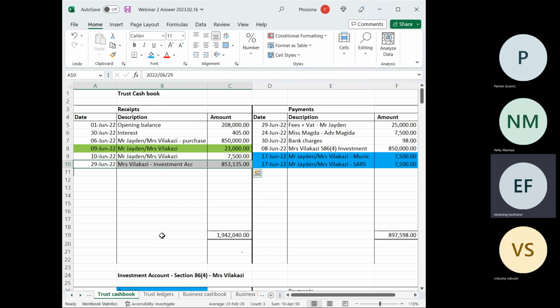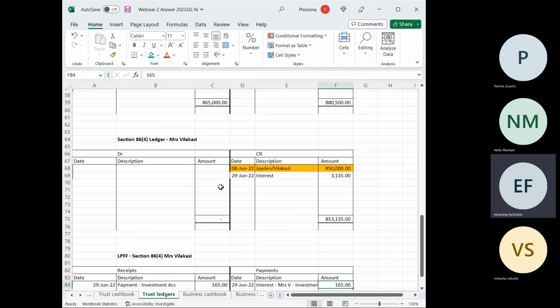This is the amount that we've transferred from the investment ledger into the trust account. So now we are receiving the money back. Whatever we are doing to the trust account will also go back to our ledger accounts. This is where we left off. So on 29 June 2022, we are closing off the investment ledger.